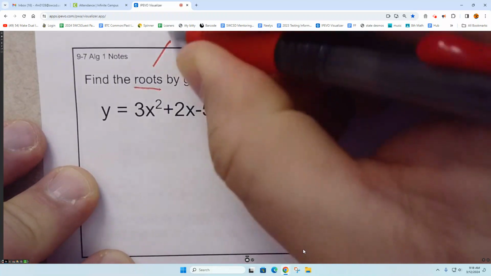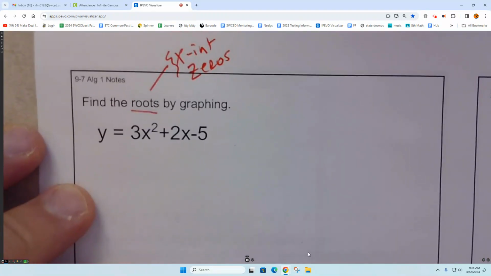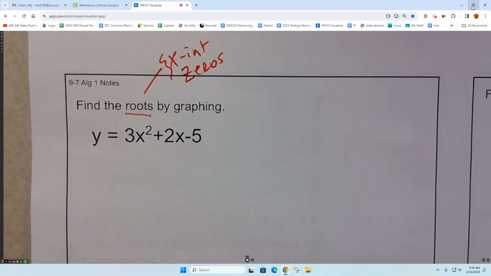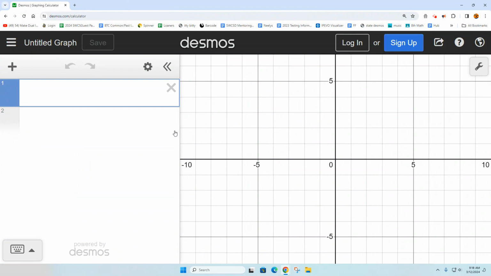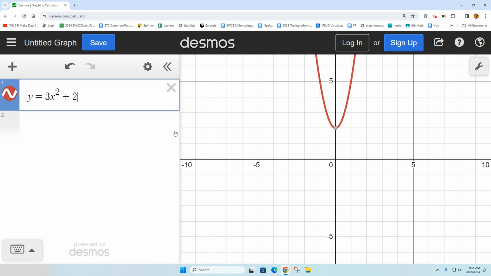These all mean the same thing, right? So this really means that I should go to my Desmos graphing calculator and just type this thing in. Y equals 3x squared plus 2x minus 5.